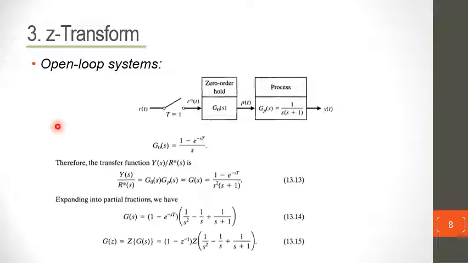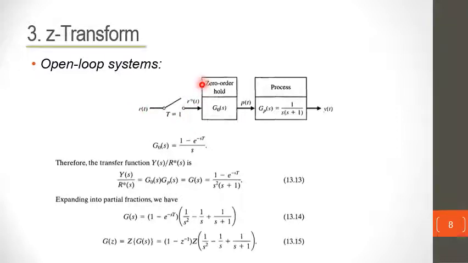Now, this is a typical example or setup of an open loop discrete time system. You have your input continuous time signal, which is sampled with a sample and hold system, and this particular sample and hold has a T of 1, which means it has a sampling period of 1, which means each and every second it will sample your incoming signal R of t, and then it will produce R star of t.